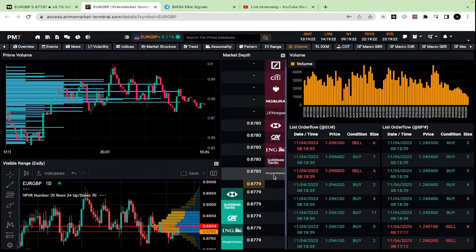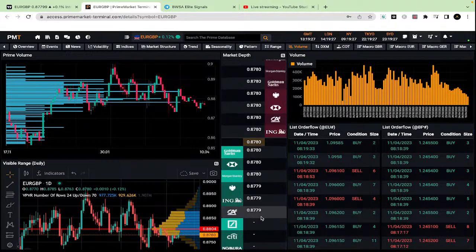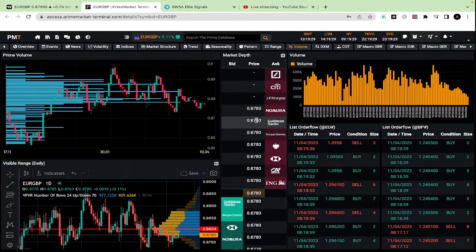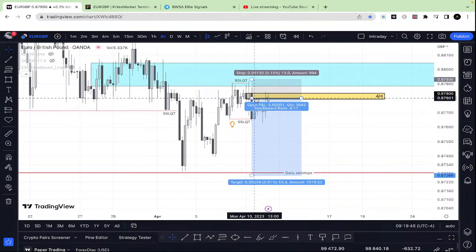Currently we have no predicted levels, but this is the live DOM, right? These are going to be limit orders by these specific institutions. And right now we have the highest limit order being 0.8781, which is now updated. About right here.